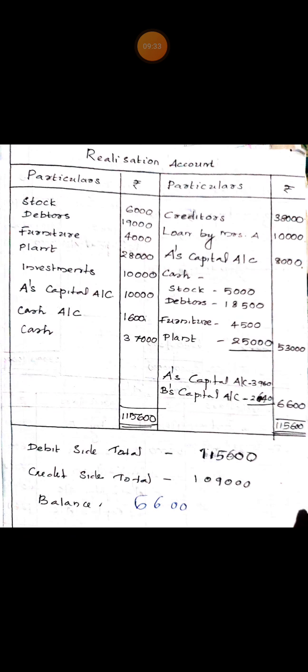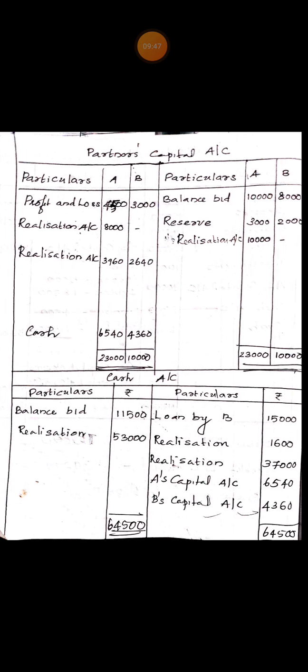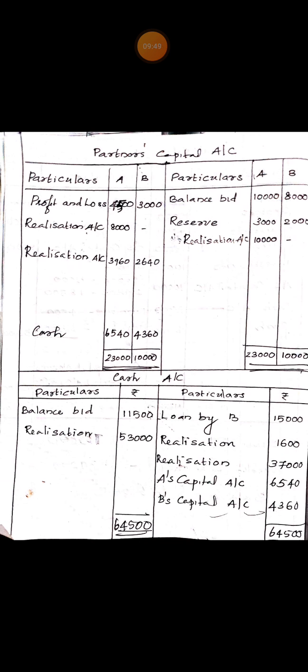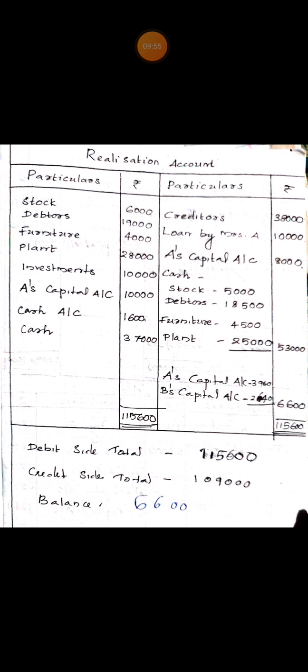Next, transfer all realization account items to the capital accounts of partners. First, debit side, A's capital account 10,000. Write it on the credit side of partners capital account. Partners capital account credit side, realization 10,000 in A's column.